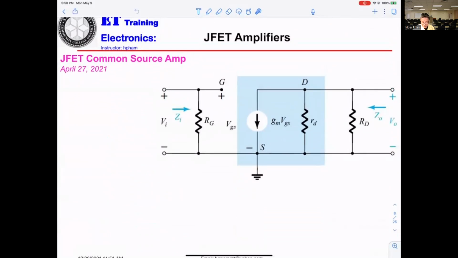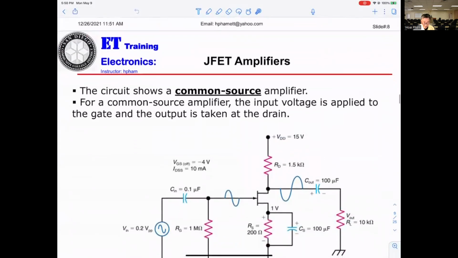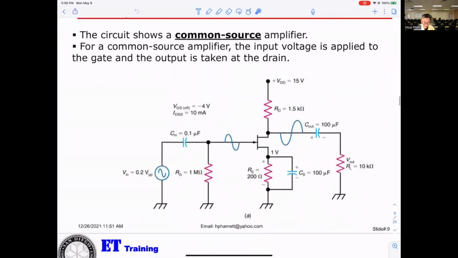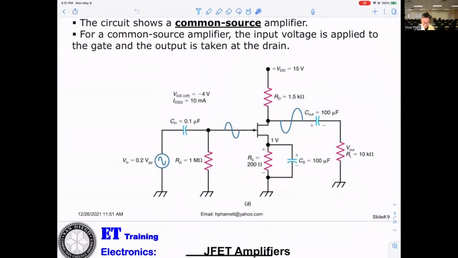So this is more detail of what we were already talking about. We don't care about this one. And this will be RD and the load. Common source again, this is the thing you need to know. The signal is applied to the gate, output from the drain.